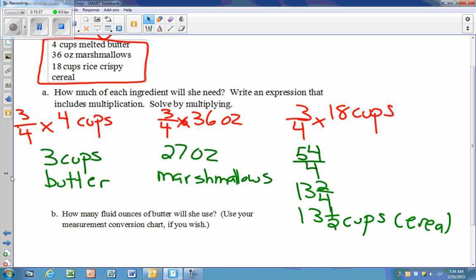Then it says, how many fluid ounces of butter will she use? And then use your measurement conversion chart. Well, what we're going to do here is I am going to tell you that there are 8 fluid ounces in a cup.